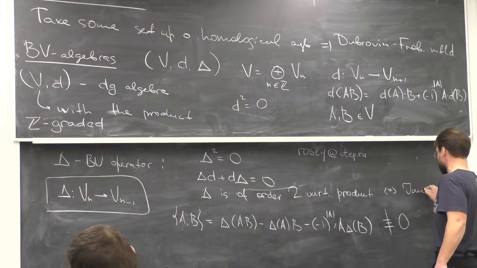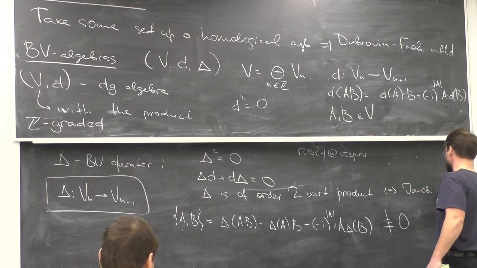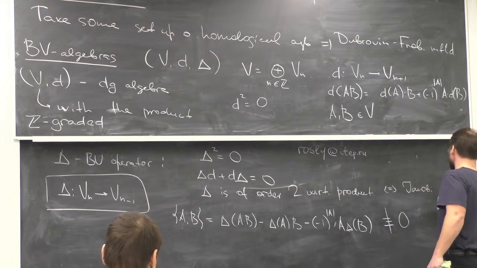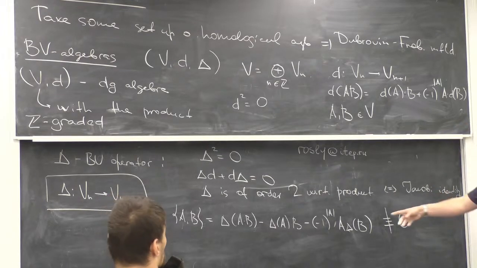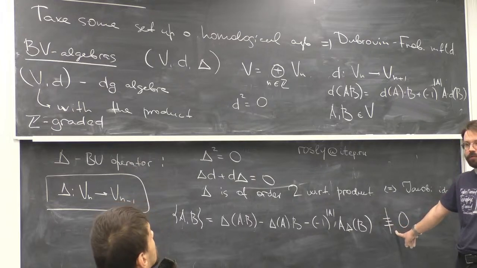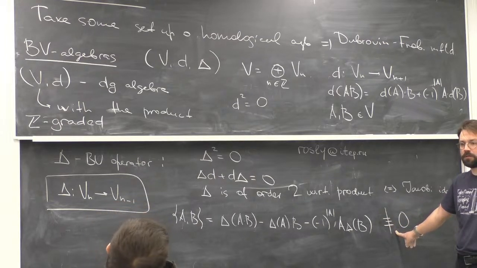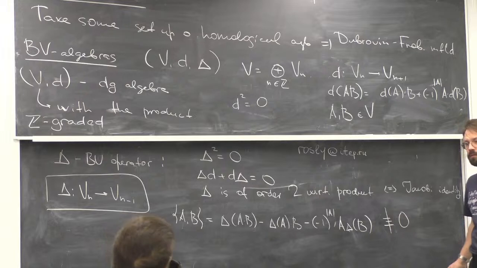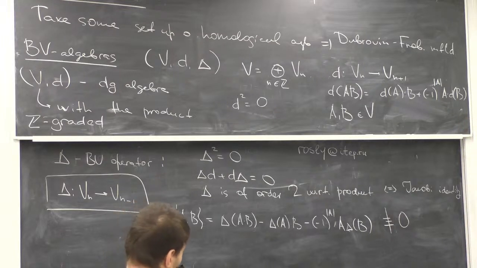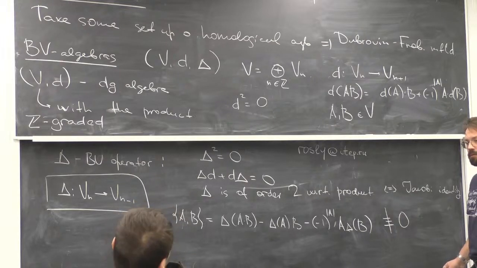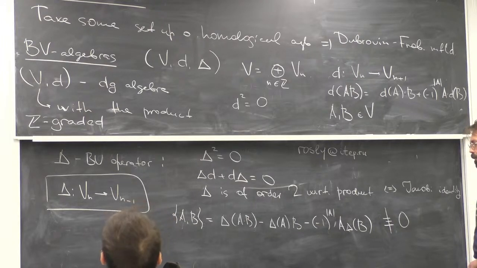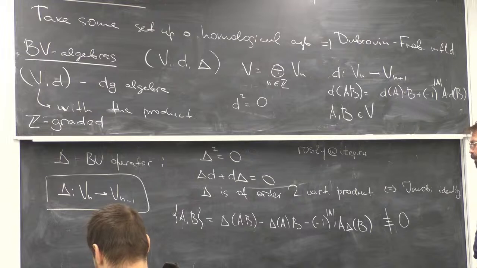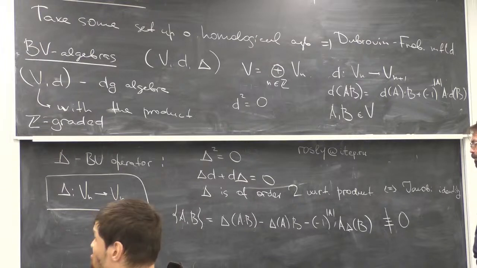They want it to be also non-degenerate. Well, actually, I think it follows from here. You can have Poisson.